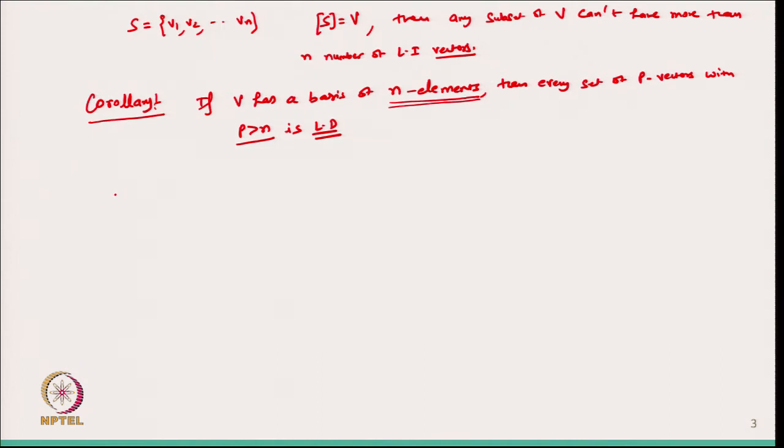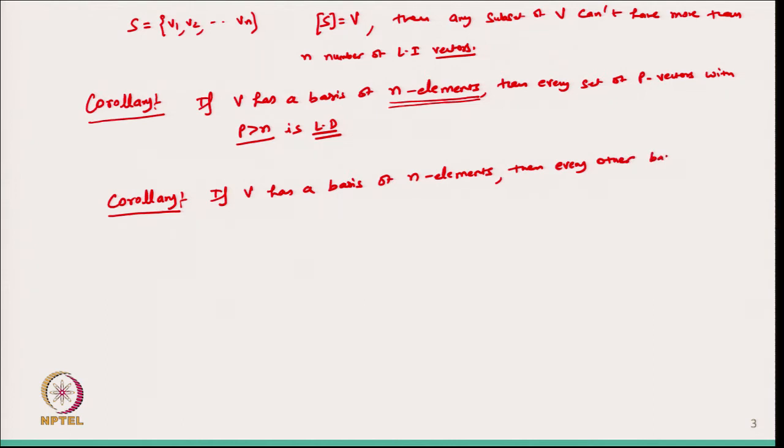After this we can have another corollary. If the vector space V has a basis of n elements, then every other basis of V also has n elements.